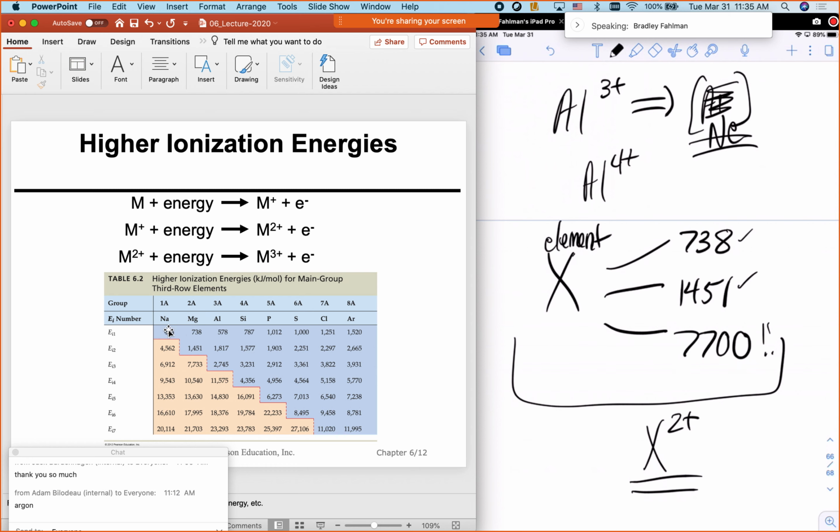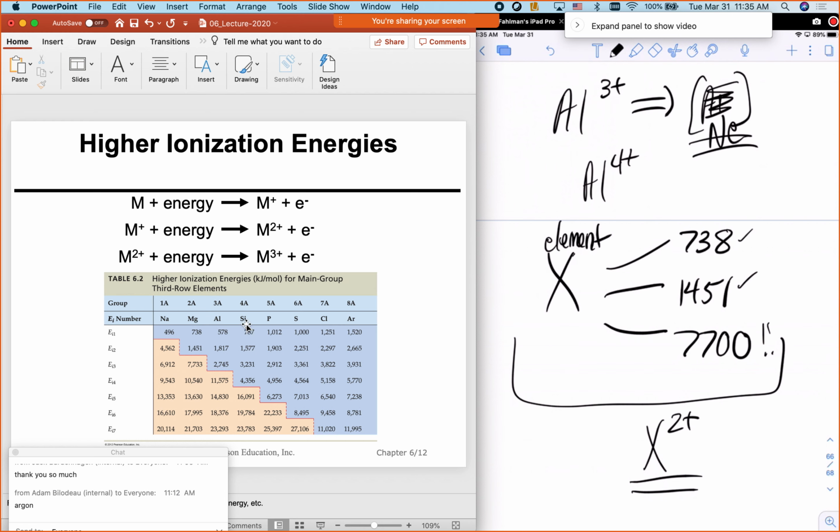So does everybody kind of see that? For this sodium, you go from 500 to 4500. So that's saying it'll only really want to lose 1 electron. Silicon here, it's increasing, but not so dramatic. It's increasing maybe by 1,500, 1,000, and then 10,000 going here.